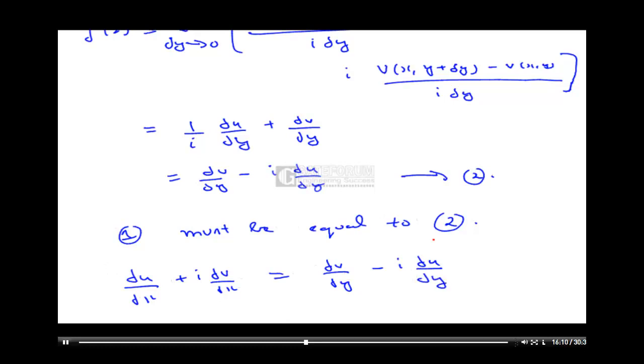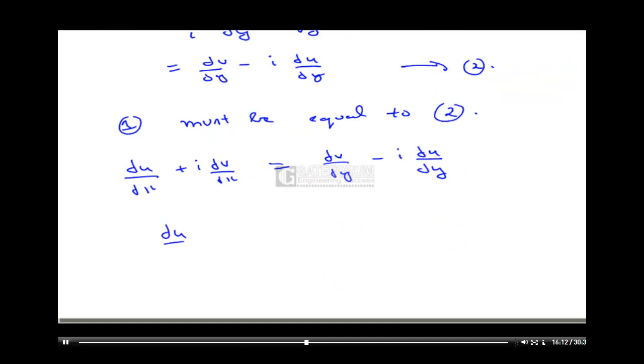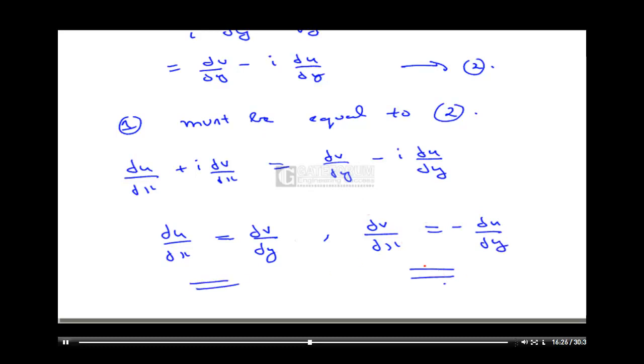Equating the real and imaginary terms, I will get del u by del x equal to del v by del y and del v by del x equal to minus del u by del y. These two equality equations are called Cauchy-Riemann equations, and these are the necessary conditions for the existence of the derivative of f z.